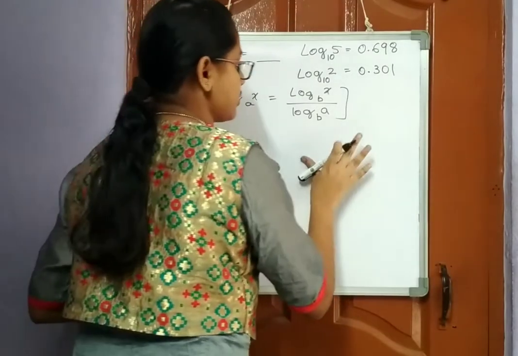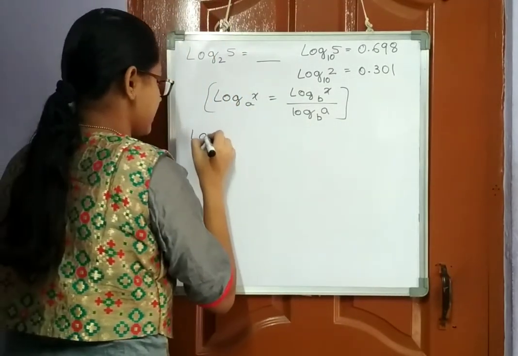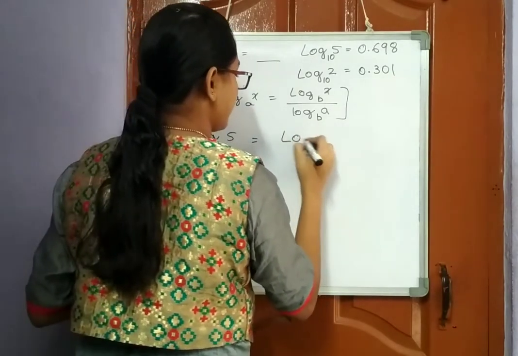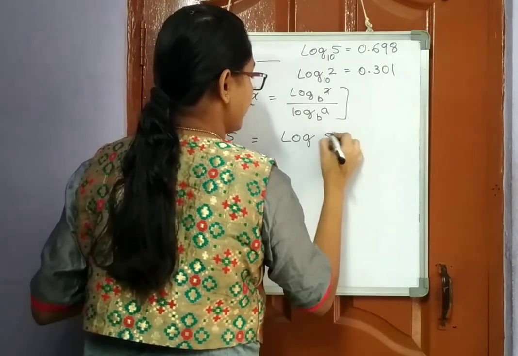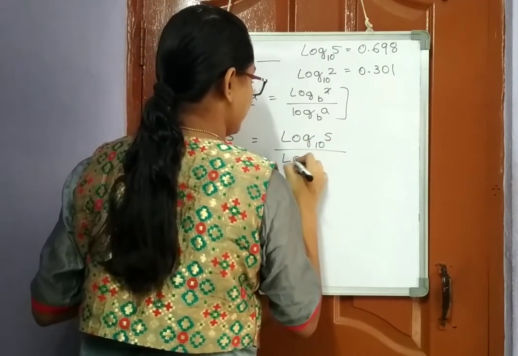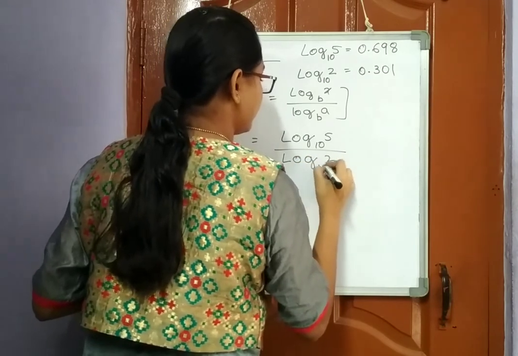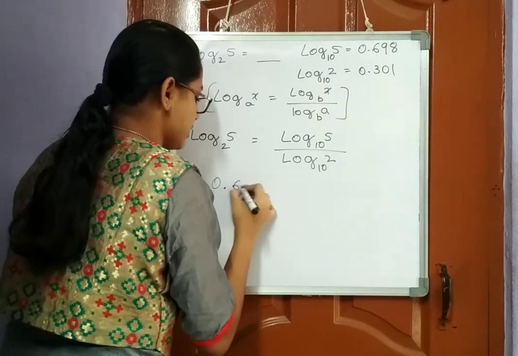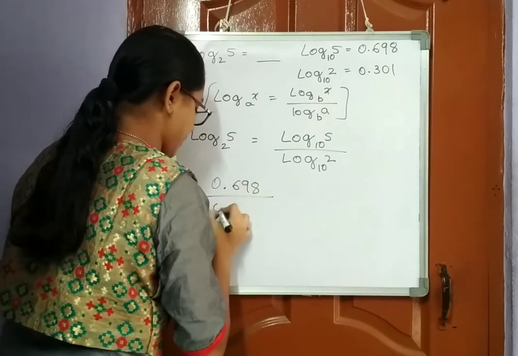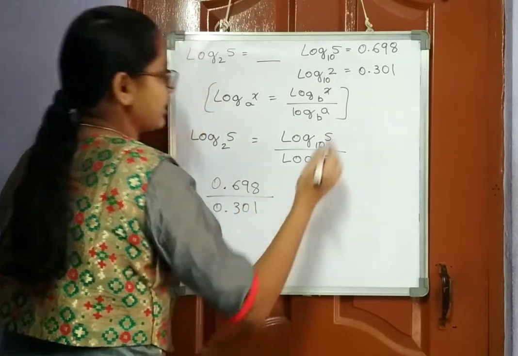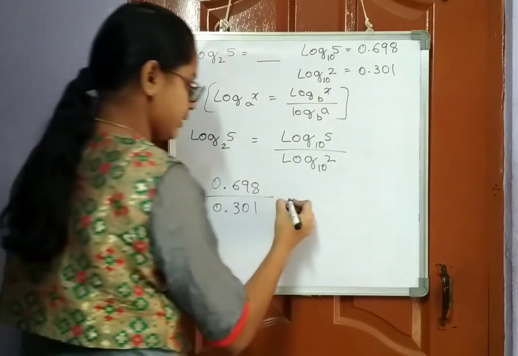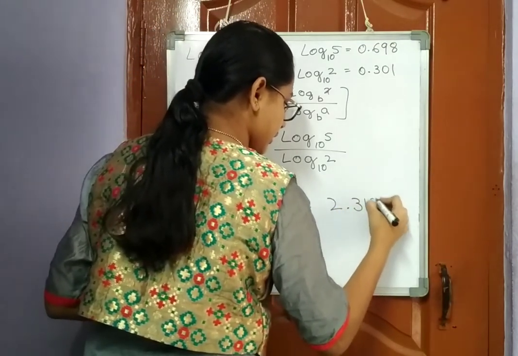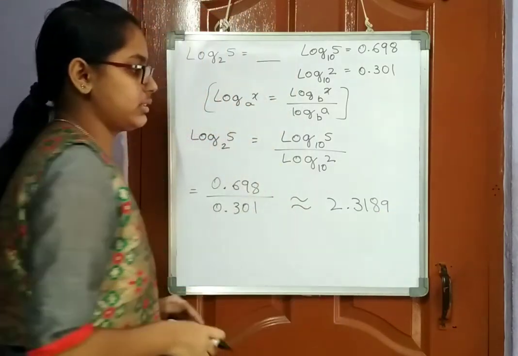So applying the change of base rule, we can write it as log 5 to the base 2 equals log 5 to the base 10 by log 2 to the base 10. As the values are given, substitute 0.698 by 0.301. So after calculation, we will get the answer, that is nearly 2.3189.